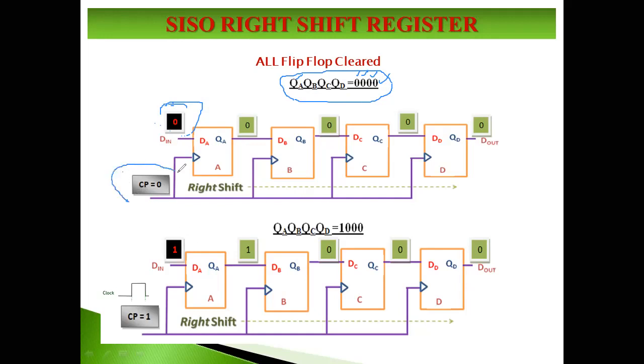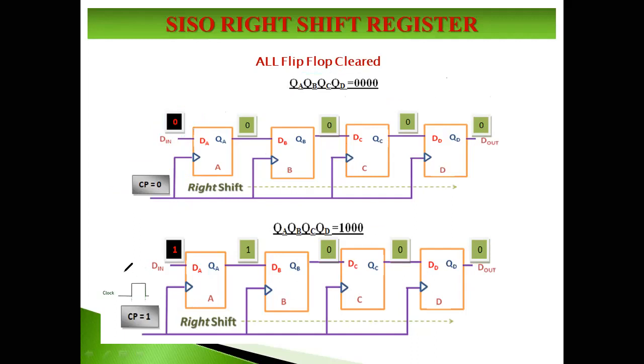After that, confirm whether your bits are 0 and whether your outputs have become 0. After that, you have to start giving your clock pulse. So when your clock pulse is 0, all the outputs of the flip-flops are 0. Okay, now next.